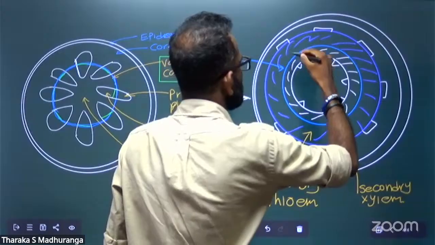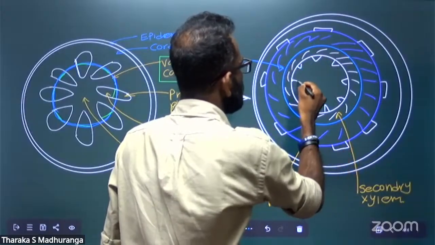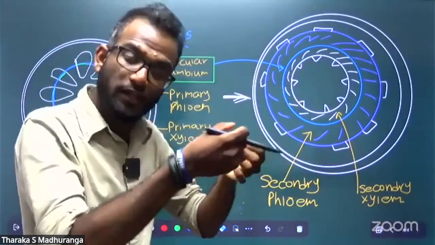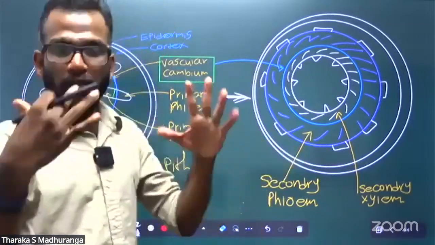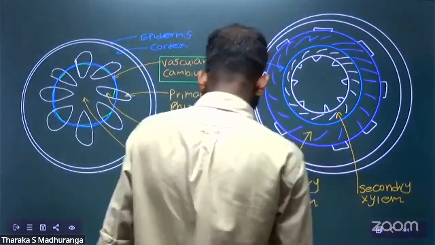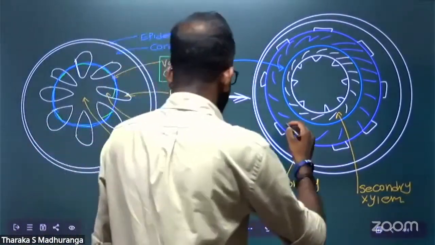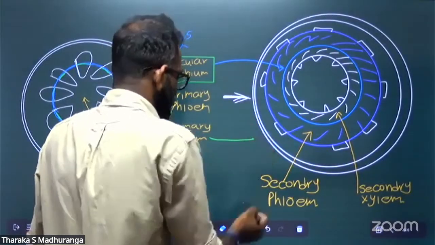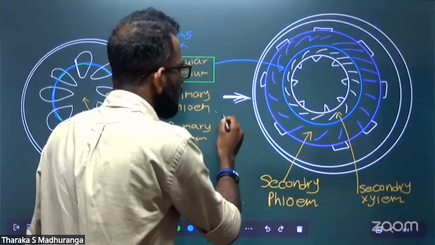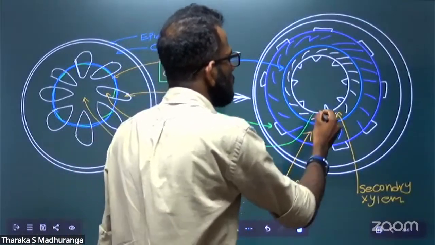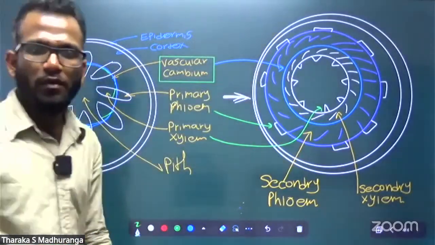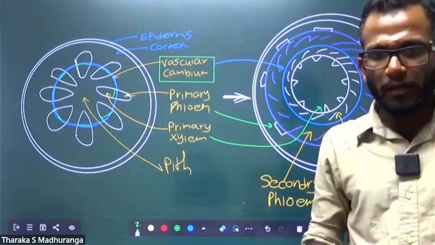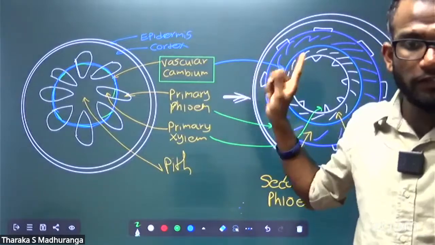Now you can see that due to this new cell development, the diameter of the plant stem is increasing. Now they are primary phloem. Very clearly you need to draw this one. Please complete that up to now, then I will explain the final story.